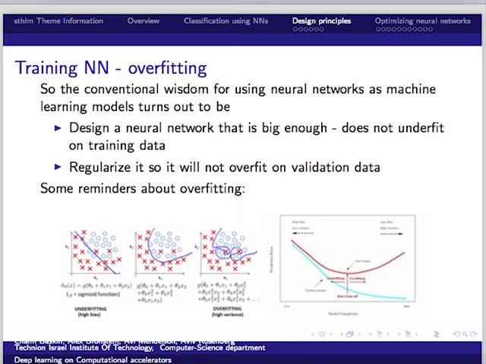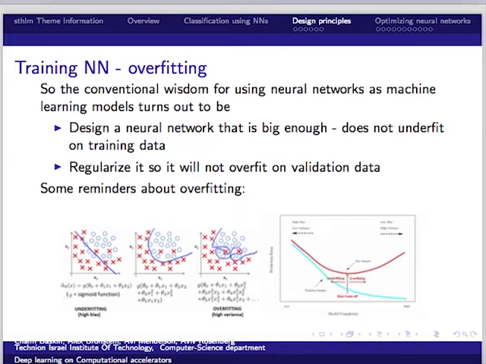So overfitting is actually here. This is the overfitting. We have very good classification or regression on our training set, but the gap between this and the validation set is very high. The training error converges, and the validation error does not converge here.